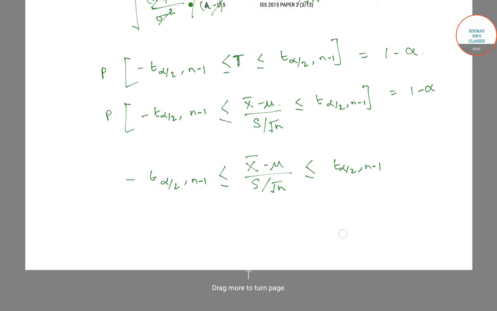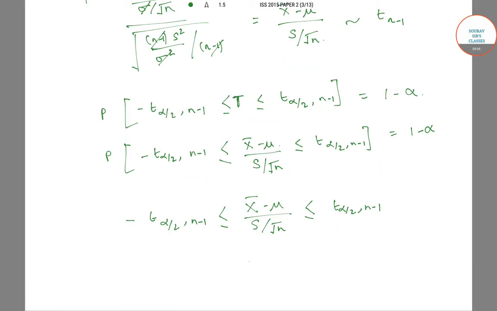So from here we can say that this x bar minus mu is less than or equal to t alpha by 2 comma n minus 1 into s by root n, and it is greater than or equal to minus of t alpha by 2 comma n minus 1 into s by root n.